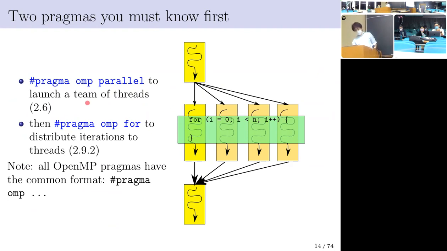These are two pragmas you want to learn in the beginning: pragma omp parallel and pragma omp for. By the way, all OpenMP directives or pragmas have the common format, hash pragma omp something. So essentially you need to learn only two keywords here, parallel and for.